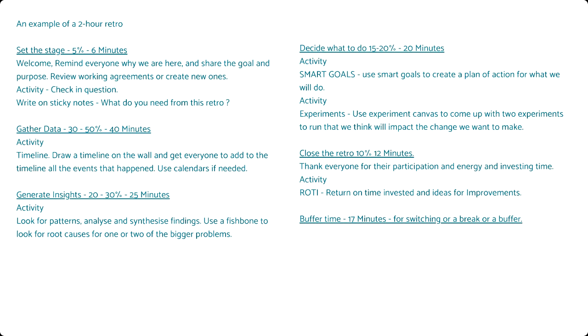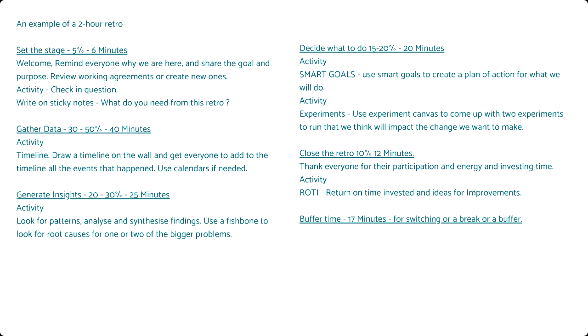Then, generating insights: you want to really invest in the generating insights portion. Sometimes I'll actually do less investment in gather data, try to get some of the data beforehand, and then I've got more space to invest in generating insights. I think that's actually where we want to invest a little bit more of our time. And then, deciding what to do and closing the retro.